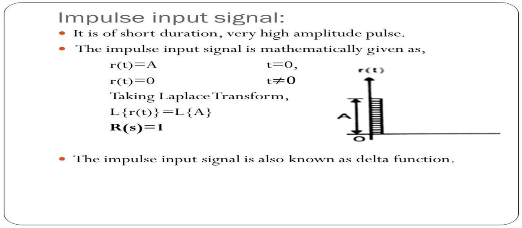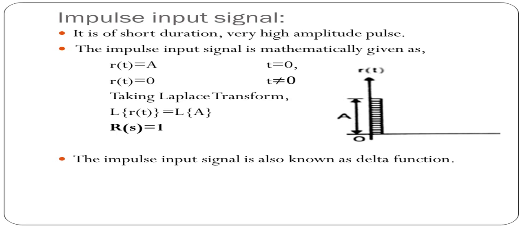Next, impulse input signal. So this signal is of short duration and it is having very high amplitude pulse. The impulse input signal is mathematically represented as r of t is equal to a when t is equal to 0.